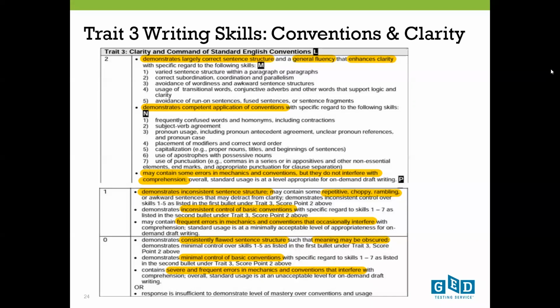Whereas a student who's getting a 1 point, they have frequent errors in mechanics and conventions, and these errors sometimes interfere with the clarity of their argument. And if they're only getting a 0 for this dimension, then they really have severe and frequent errors that regularly interfere with the ability for the reader to make sense of what they're saying. Next.